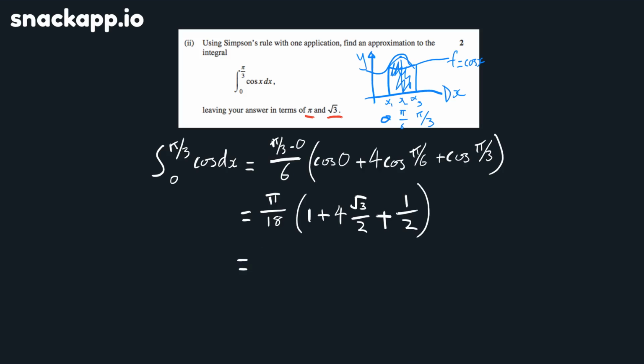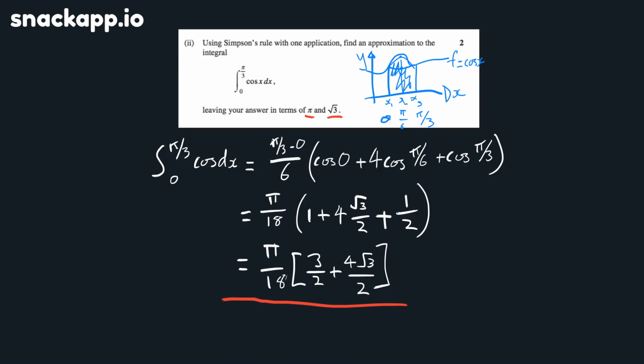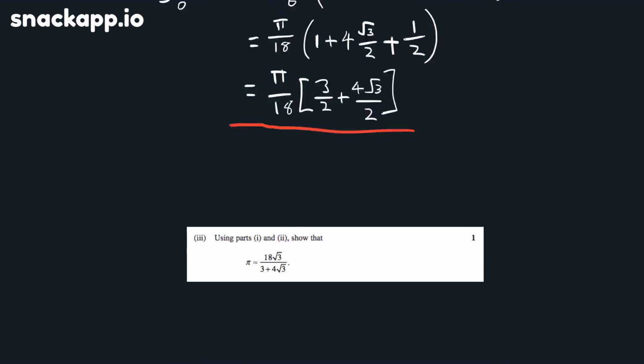Okay, so if we simplify that all out, we're going to get pi on 18 out the front, times 3 on 2 plus 4 root 3 on 2. And there you have it. That's the answer to the second part. Now, you could simplify that a bit, but we're going to muck around with it in the last part, so I'm just going to leave it like that for the moment.